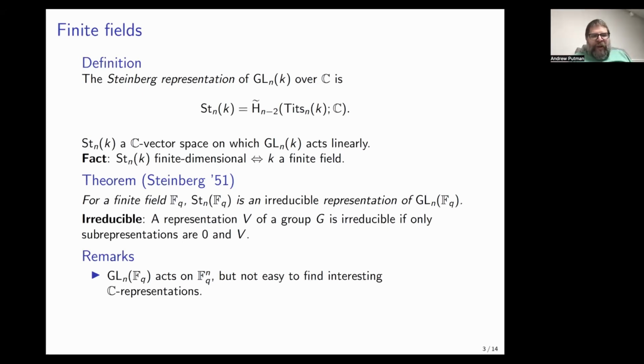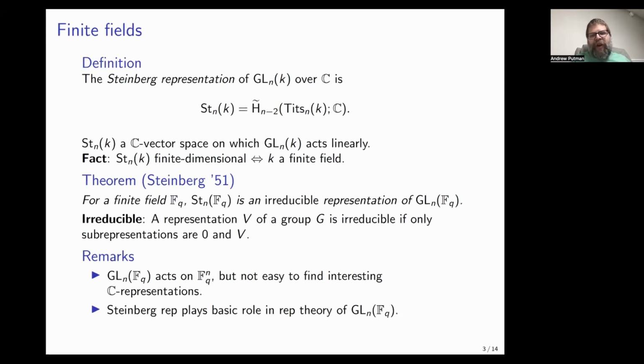But those are all representations in the defining characteristic. It's not so easy to find interesting representations that are complex vector spaces, even though we know from basic representation theory that there are a load of irreducible complex representations of the general linear group. And so the Steinberg representation is the most important of all those different representations.